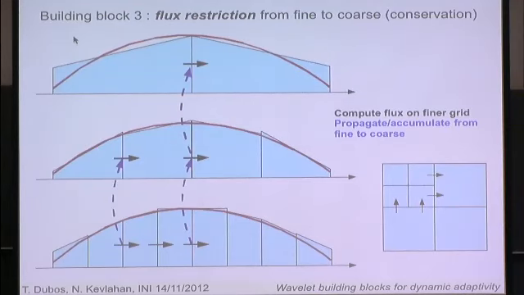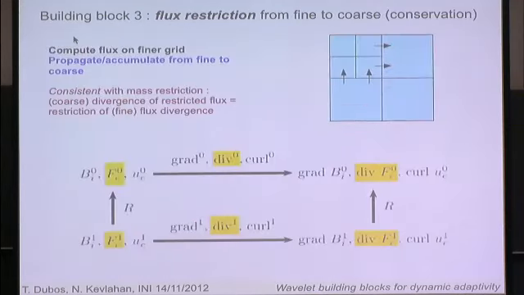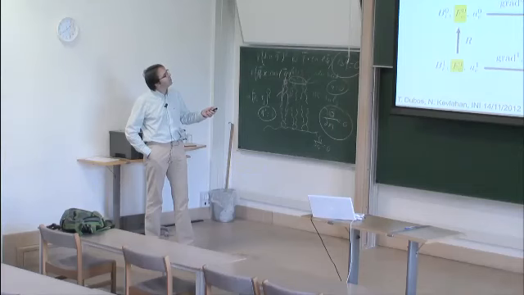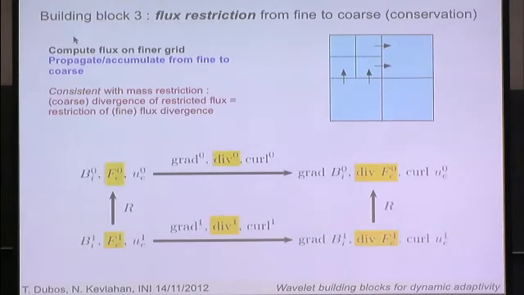Okay, and the reason why this makes sense is that there is a kind of trivial commutation property hidden here, which is that this restriction is consistent with the way I can restrict mass. So that's quite trivial, right? If I compute the divergence on each of these four cells, and I sum up all the divergences, then all the inner fluxes will cancel, and I end up with just the outer fluxes.